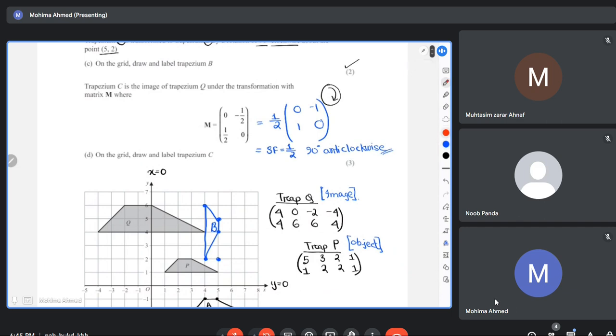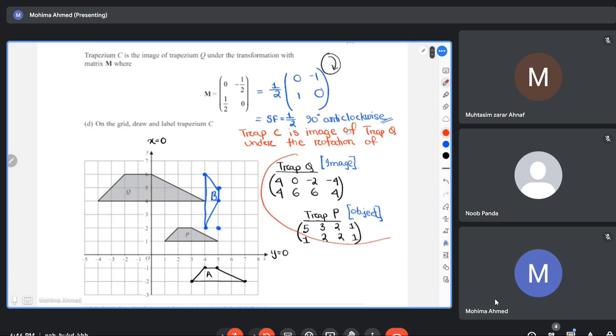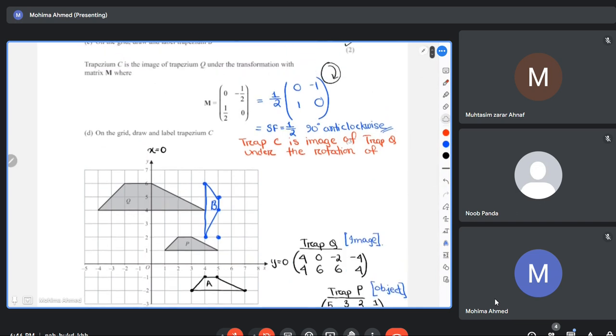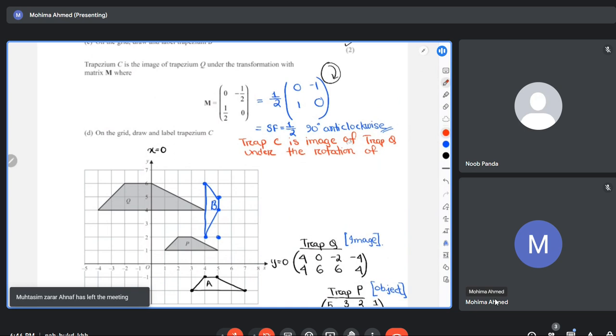So what this indicates is trapezium C is the image of trapezium Q under the rotation of 90-degree anti-clockwise, center 0, 0, with scale factor half.